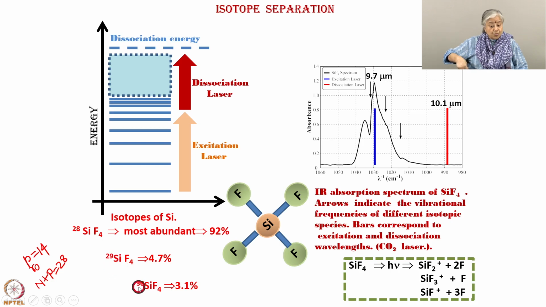If you have 2 more neutrons, then it becomes 30. Though the occurrences of these 2 are a little less as compared to this, in a usual chemical reaction, you will not even notice them.